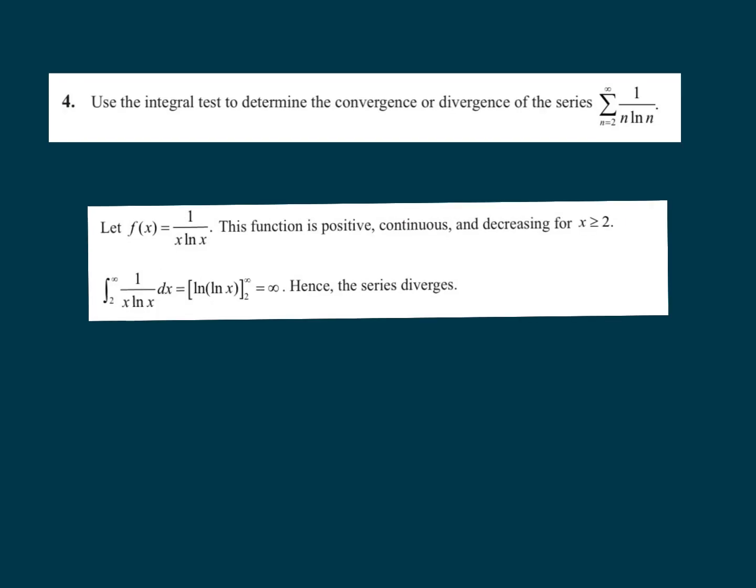Now we use the integral test for this series. So we construct the function 1 divided by x natural log of x. And we wonder, is this function decreasing? Well, yes, take the derivative with respect to x, and it will be negative. If you want, you do it. The second question: is it positive for x bigger than 1?